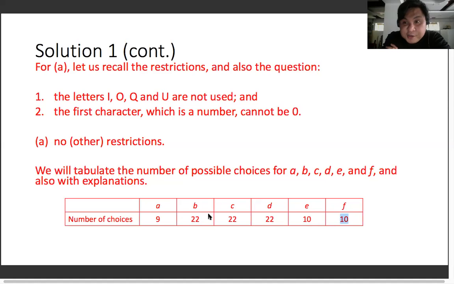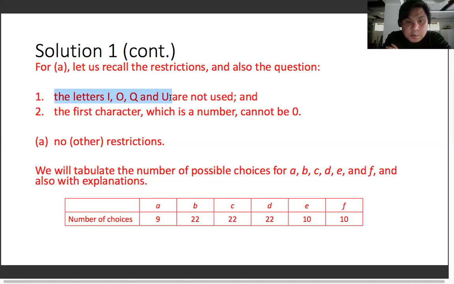Now let's go with the letters. Positions B, C, and D. Now take note, we're going to be using, of course, letters from the English alphabet. So you should be aware that we have actually 26 letters in the English alphabet. So can we use all 26 letters in the plates? Actually, no. Because if you look closely in restriction 1, there are 4 letters that cannot be used.